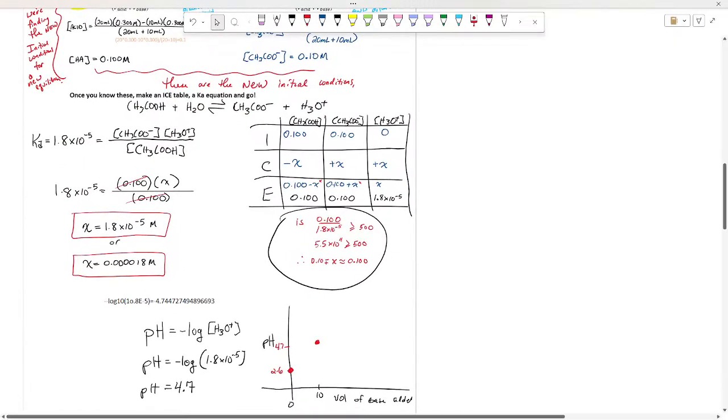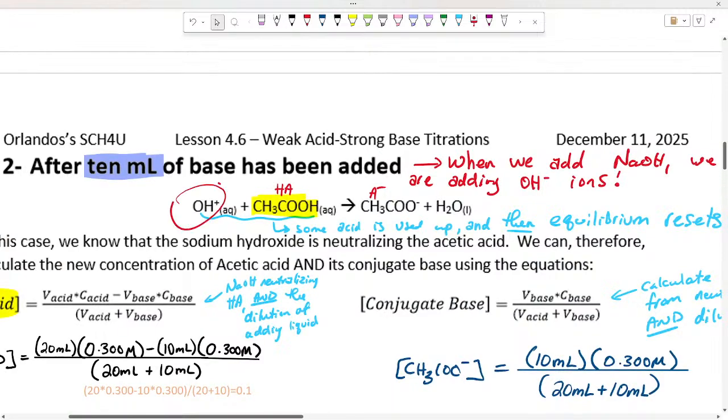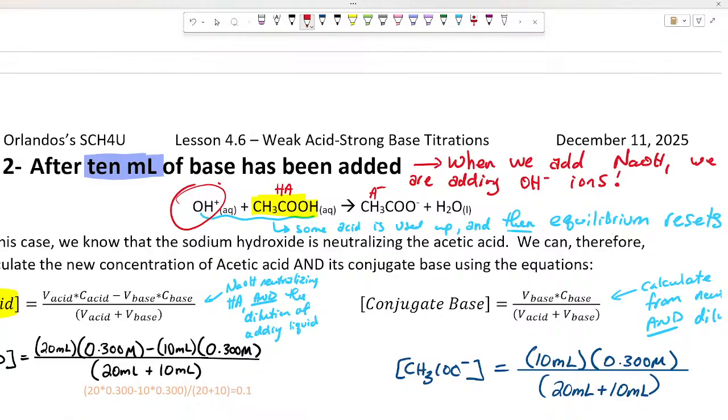Now, there's going to come a key point, which is if you look up here, we said as we add sodium hydroxide, look at me. As we add sodium hydroxide, what is happening to all of our HA? Not in equilibrium, but just in a good old-fashioned strong reaction, acid-base neutralization. It is getting smaller. It's getting used up. Eventually, of course, what will it reach? This is a strong reaction.